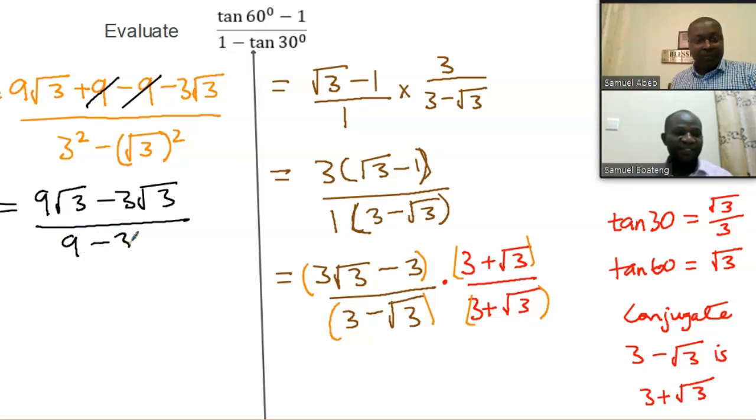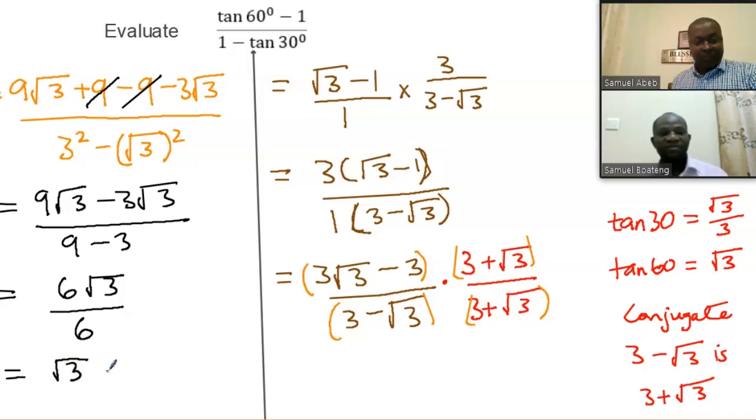So we have 9 minus 3, which is 6 root 3 on 6. And then the 6 will cancel 6, you get root 3.